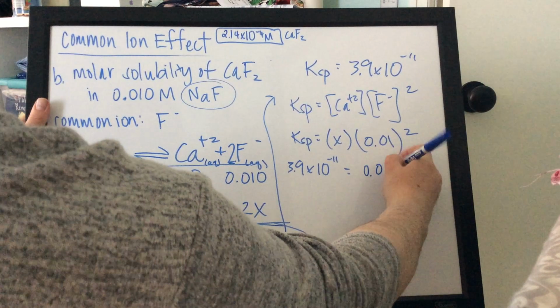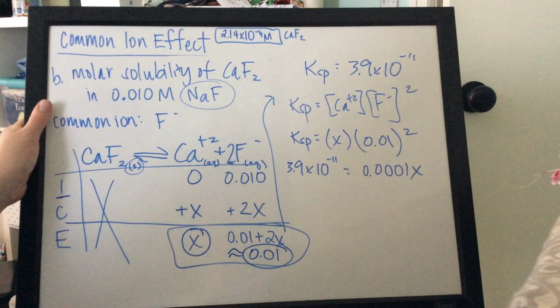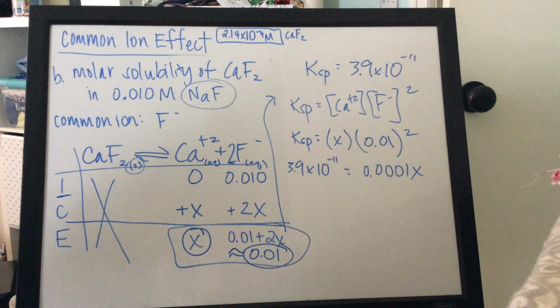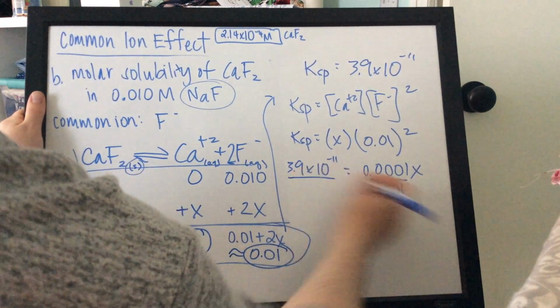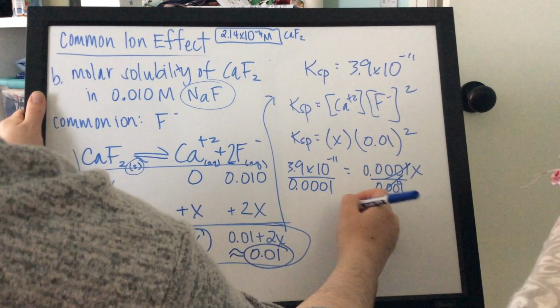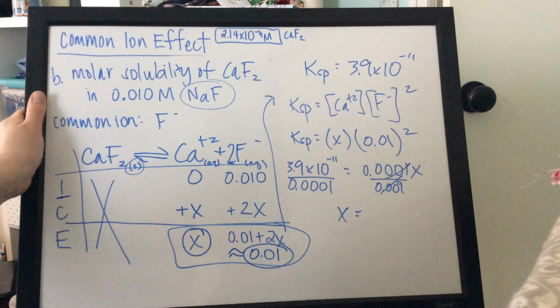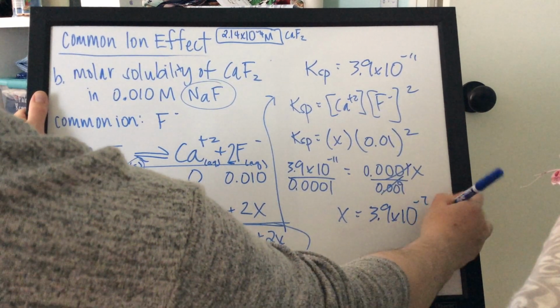So this is going to be 0.0001 X once I square that term. And then, of course, I just divide to find X. The math's pretty simple. So X ends up being 3.9 times 10 to the negative 7 molar.